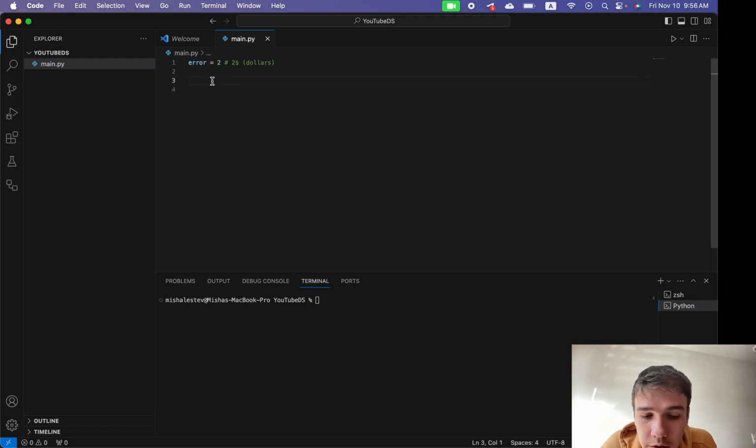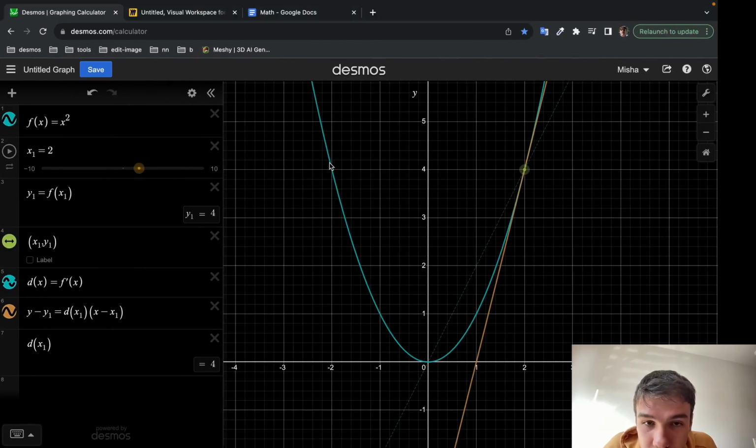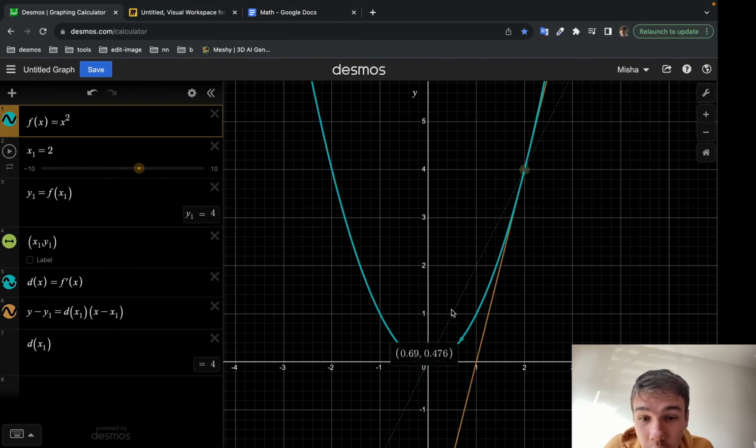Now, in order to calculate this, we're going to recall what is the derivative of the parabolic function. Right now I'm explaining the technique, how we can apply the gradient descent. First we're going to take the derivative of our function.